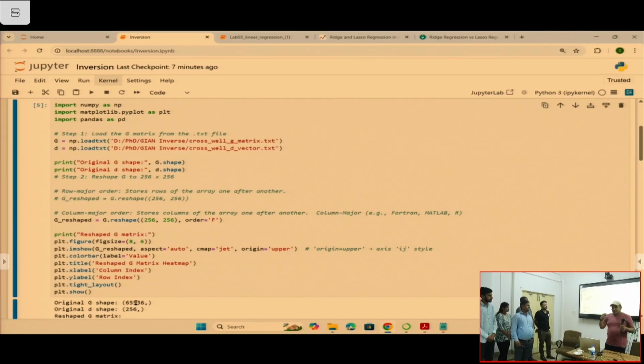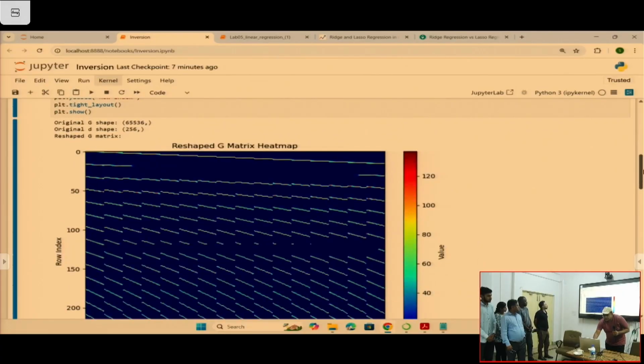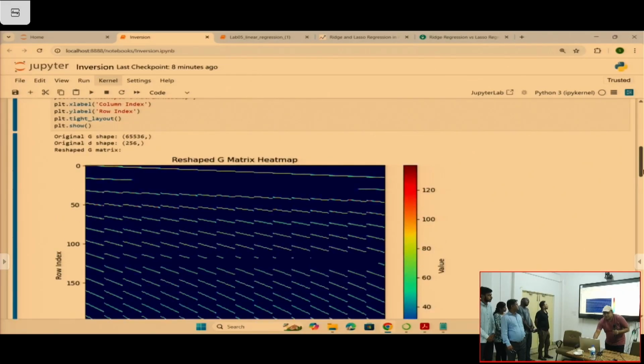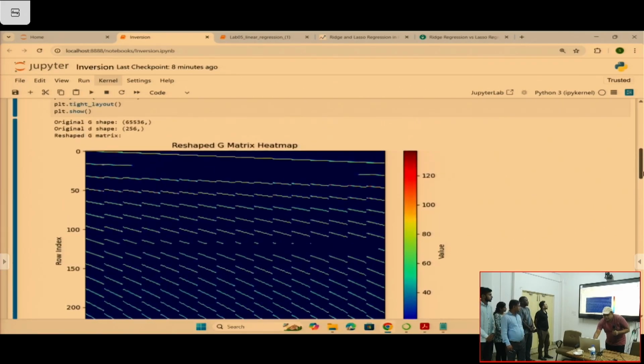So then we tried to stack it column wise, which is the default option in MATLAB and R. You take the first column of the matrix, then the second column below the first, and the third below that. So we got it reshaped, and we plotted the G matrix. This is how it looks, and I've also saved the G matrix in a file.